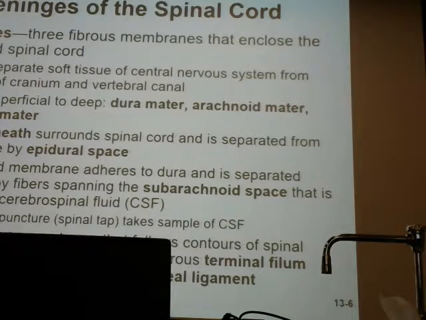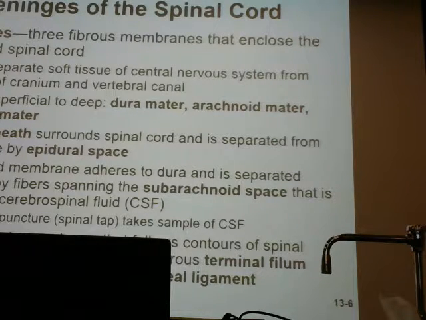Now, the meninges, we're going to have three. We're going to have an inner layer, middle layer, outer layer, even though this very special tissue, the nervous tissue, is encased in bone.